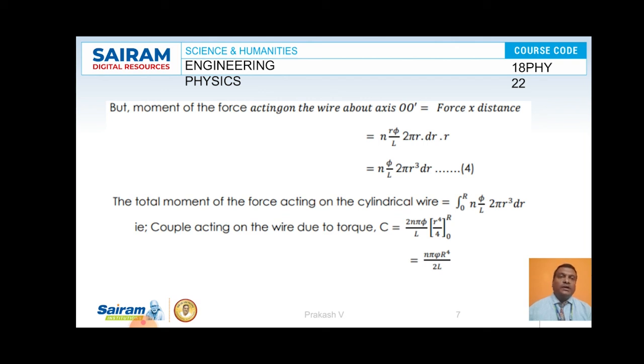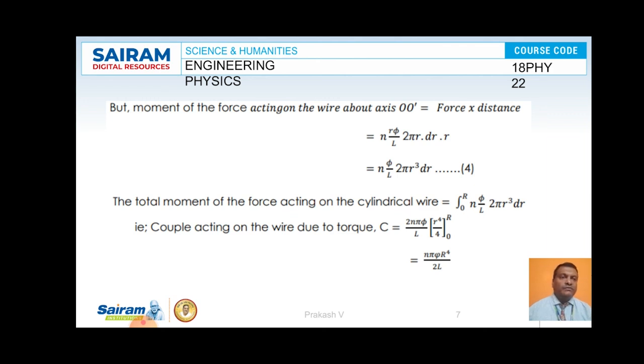The total moment of this force acting on the cylindrical wire is given by integrating between the limits 0 to R, the integral of N phi by L 2 pi r cube dr. So the couple acting on the wire due to this torque is C is equal to 2 pi N phi by L multiplied by R to the power of 4 by 4. Applying the limits between 0 and R, we get C is equal to N pi phi R to the power of 4 by 2L. This is the expression for the couple acting on the wire due to torque.